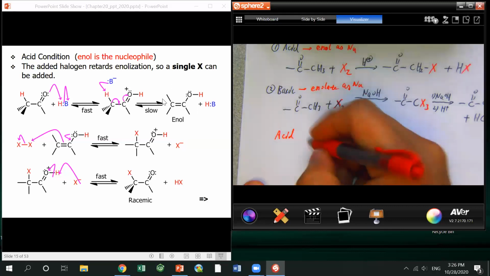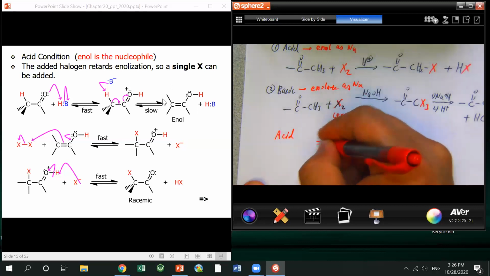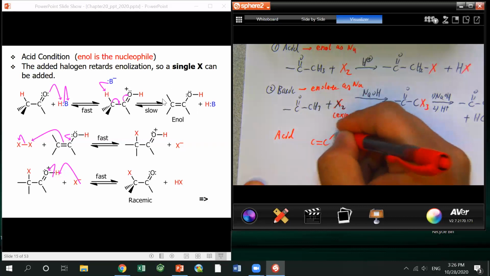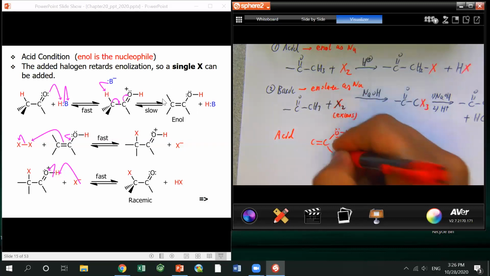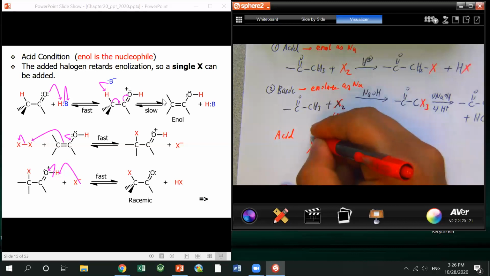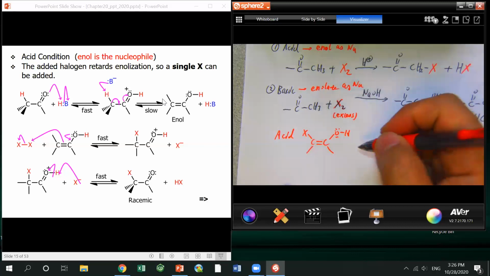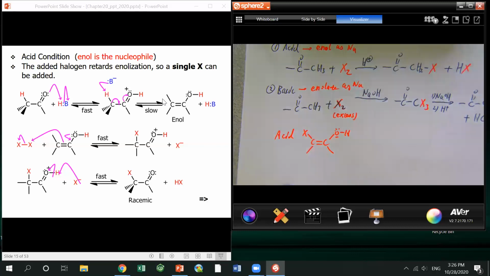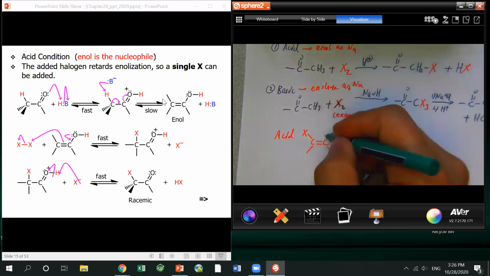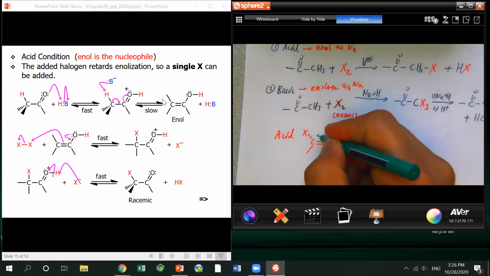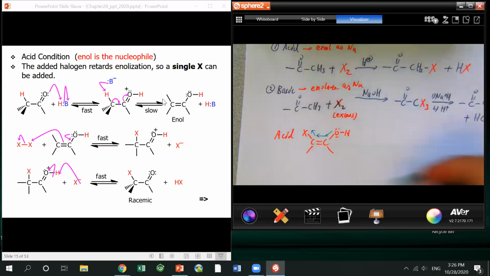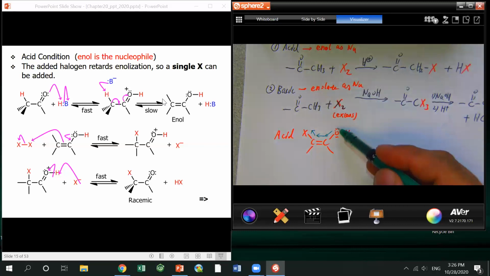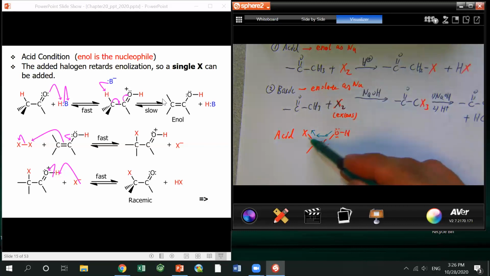So under acid conditions, we generate the enol intermediate. Once you put one halogen on it, the halogen pulls electrons, and then this enol does not easily form anymore.